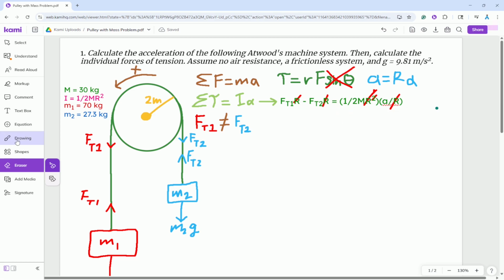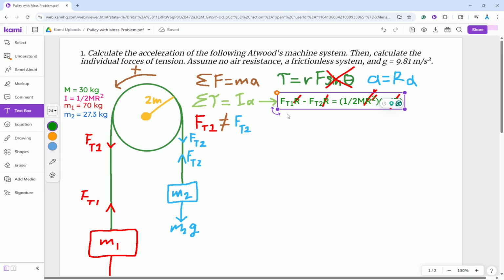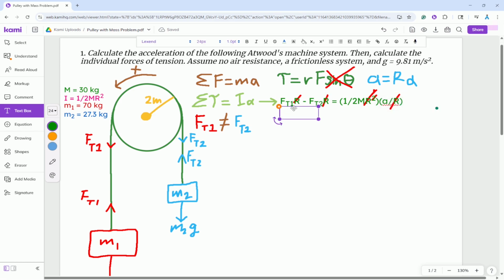Which means we're left with this special equation. And this is going to be a very important one. And I'm going to do it in this color.